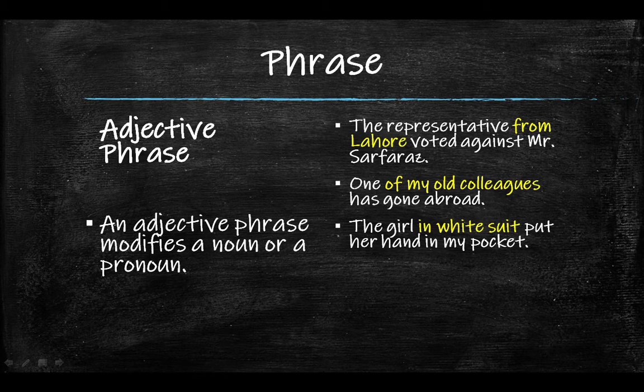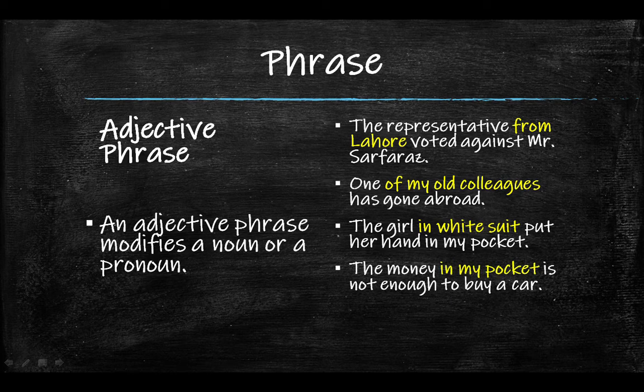So in white suit describes, explains girl, and girl is a noun. It's telling us more about that noun, and this is the job of an adjective. This is why we're calling it an adjective phrase: prepositional phrase in its structure and adjective phrase in its function. Well, the money in my pocket is not enough to buy a car.